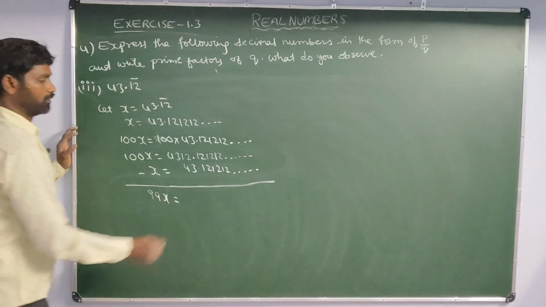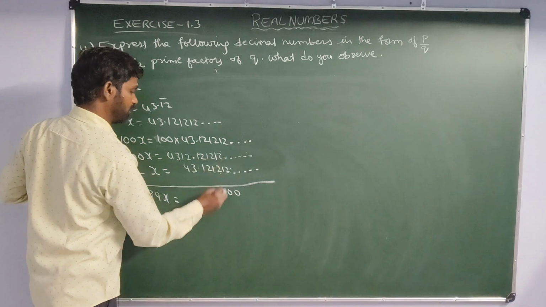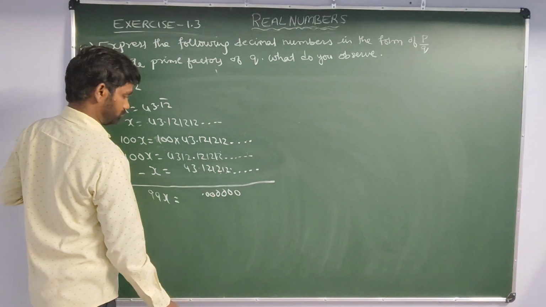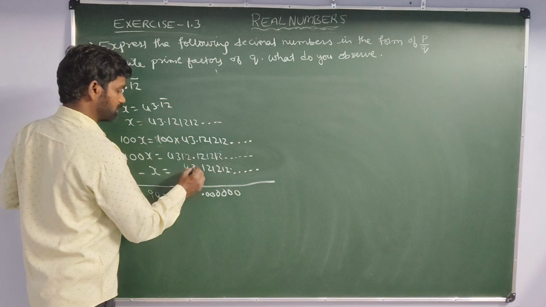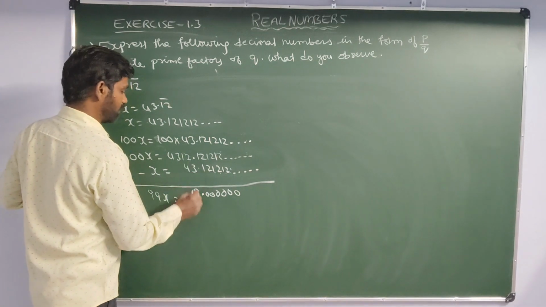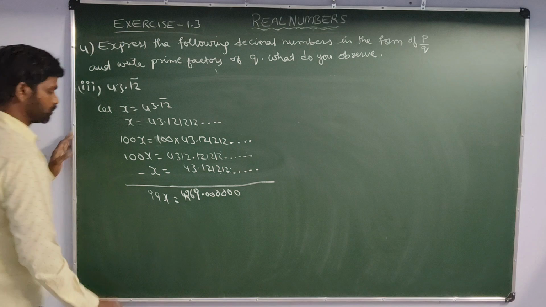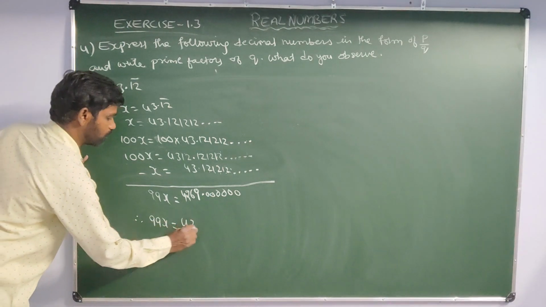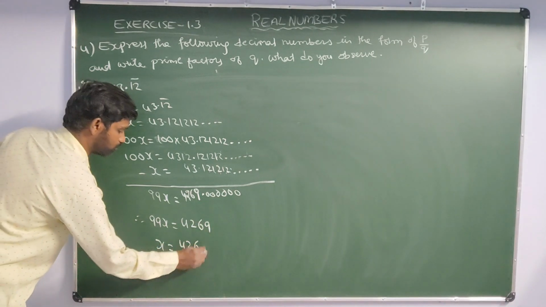That is equal to 2 minus 2 is 0, 1 minus 1 is 0, 2 minus 2 is 0, 1 minus 1 is 0, 2 minus 2 is 0. So 0. Then 12 minus 3 is 9, 10 minus 4 is 6, next to 2, 4. So therefore we can write 99x is equal to 4269, or x is equal to 4269 by 99.